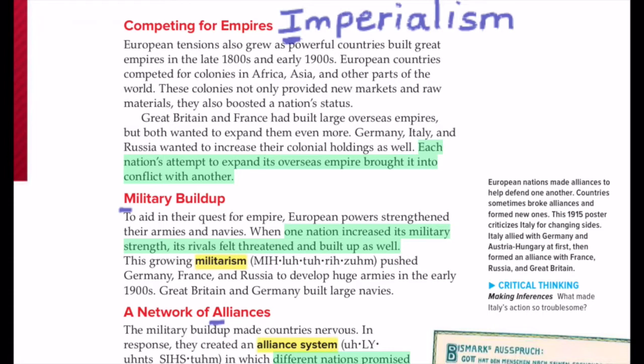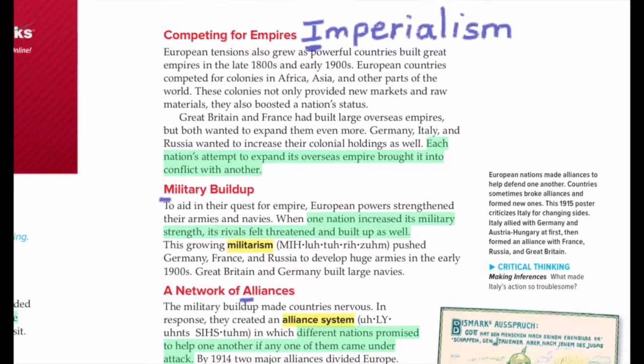We talked about those things before, and having places for their naval bases, right? So there's a lot of competition going on between the different countries, and that's going to lead to tension too. Okay, so that's the second reason.